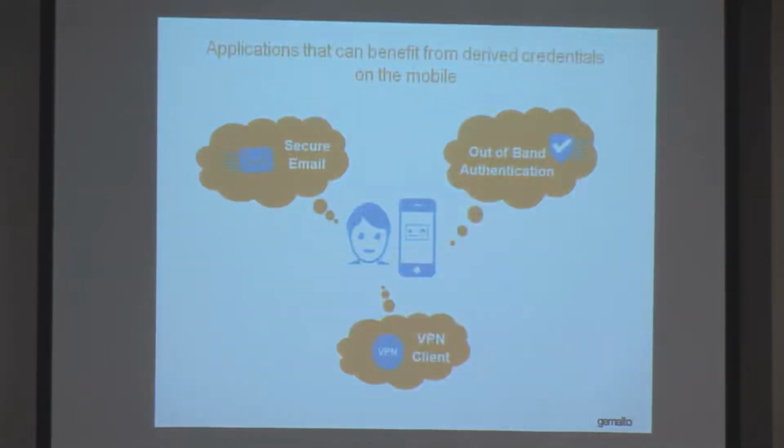In the corporate world, the most commonly used applications are secure email, obviously, and a VPN client, because usually when you are outside of your corporate network, you are required to log in using a VPN, and out-of-band authentication, for example, to log on to some corporate website where the user may have single sign-on technology, so he doesn't have to remember 50 different login names and passwords.